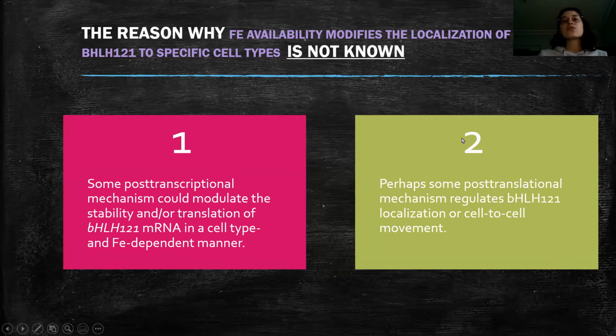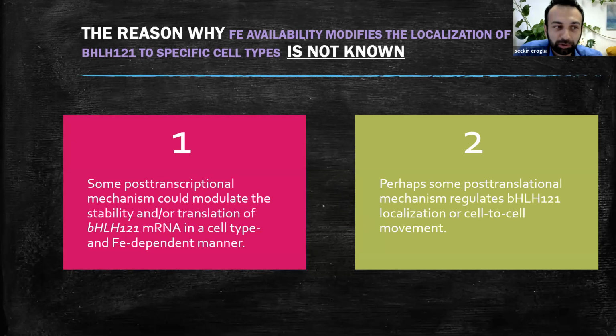Secondly, they thought maybe some post-translational mechanism regulates the BHLH121 localization or cell-to-cell movement. Both of them make sense, but as I said, they don't know whether they are correct or not. Can you tell with your own sentences what the first and second hypotheses say?